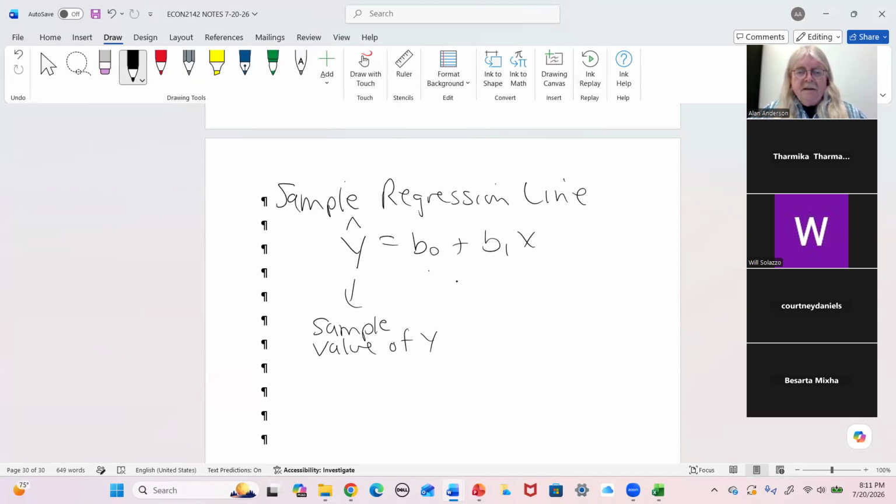This is the estimated value of beta 0 and beta 1, as opposed to the population where we know them both.